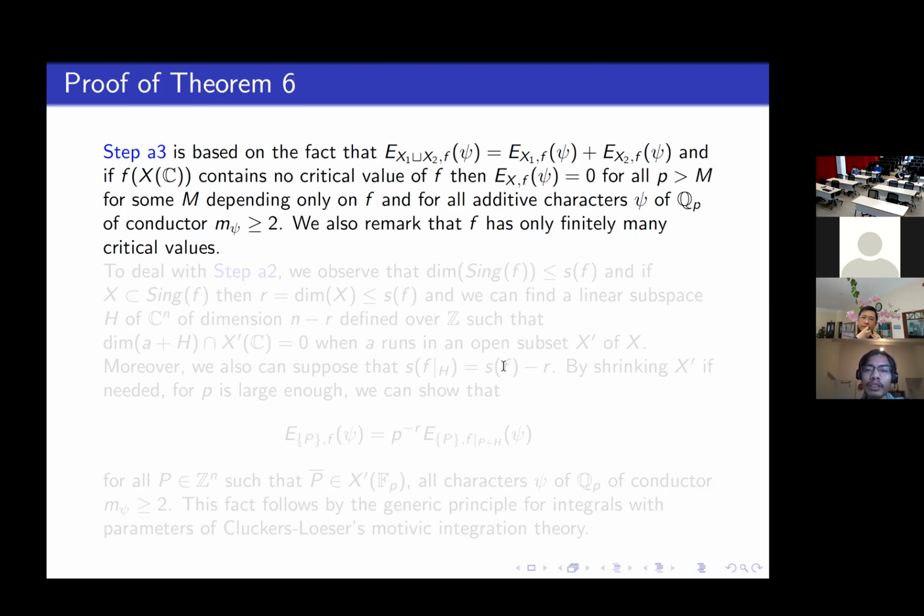We also remark that F has only finitely many critical values. So we first write X as a union of such schemes, by intersecting X with the complement of the critical locus of F. Then we take the sum of the exponential sums associated with the union, and so we can redo step A2 using this trick.